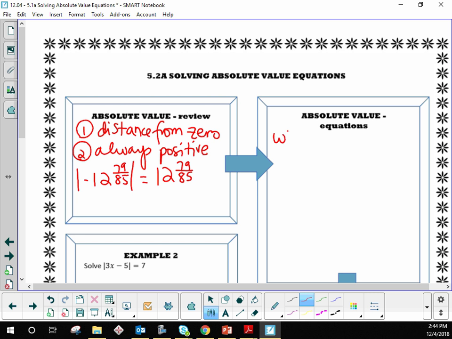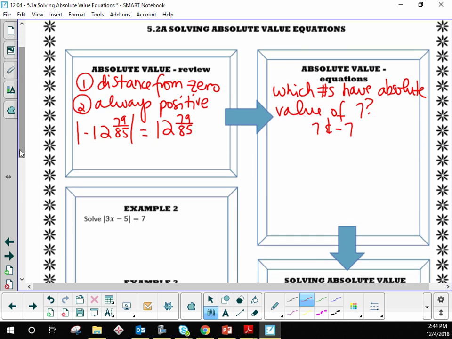So the question was something like, which numbers have absolute value of 7? And we answered 7 and -7. Because if you take the absolute value, either one, you get 7. Okay? And that's words, that's a question.